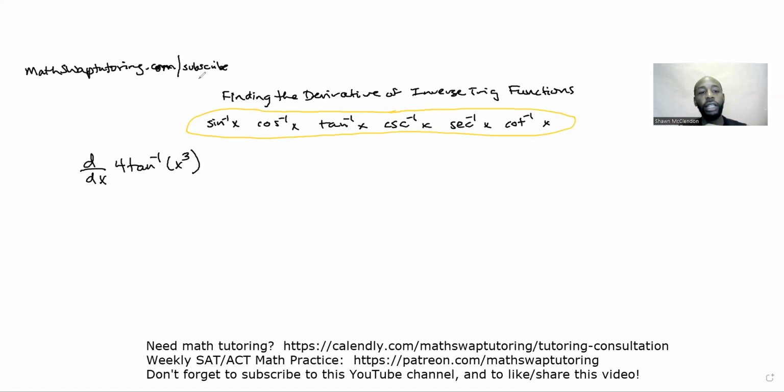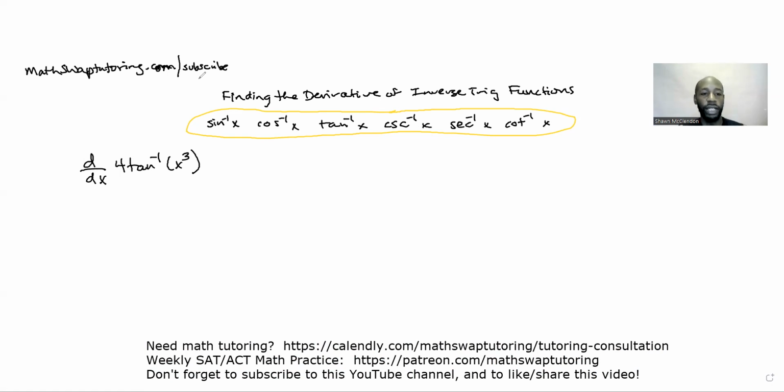So look at this, the derivative of 4 tangent inverse of x cubed. If it was just 4 tangent inverse of x, it would just be 4 times the derivative of tangent inverse of x.